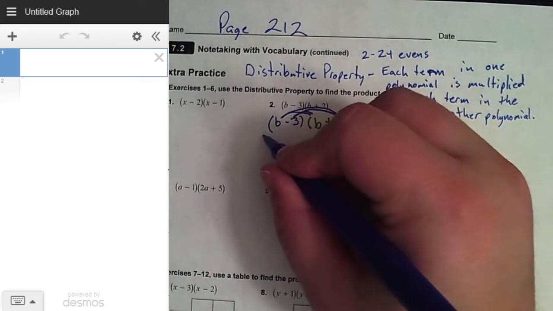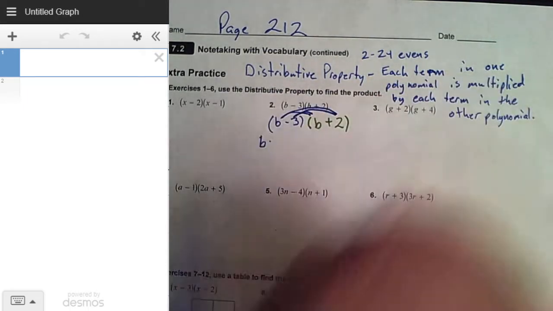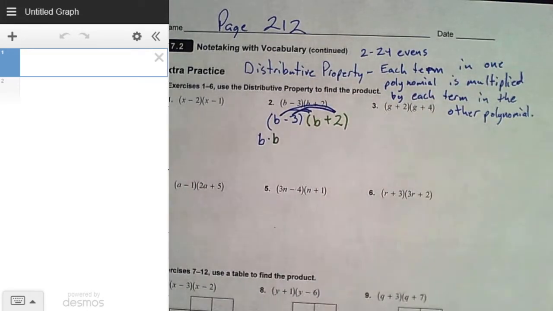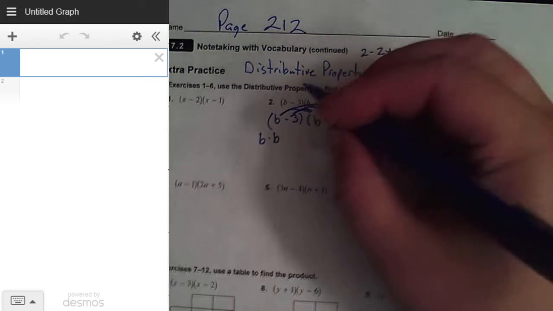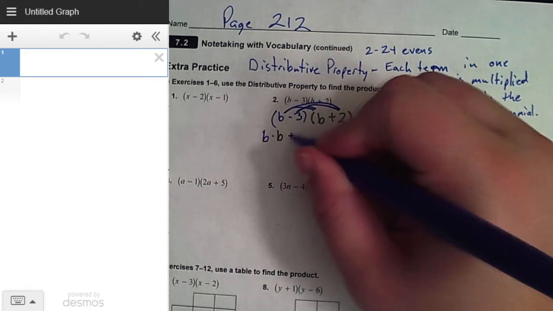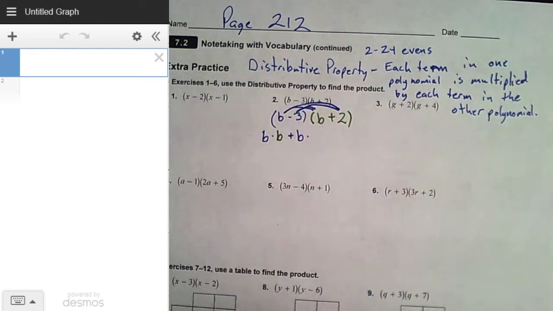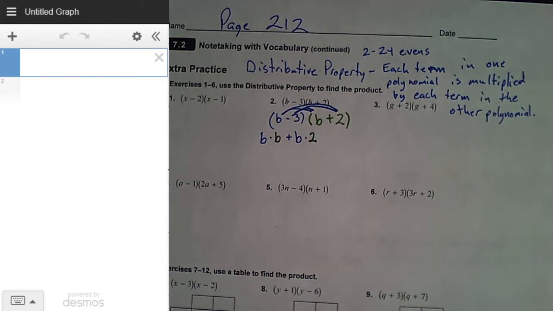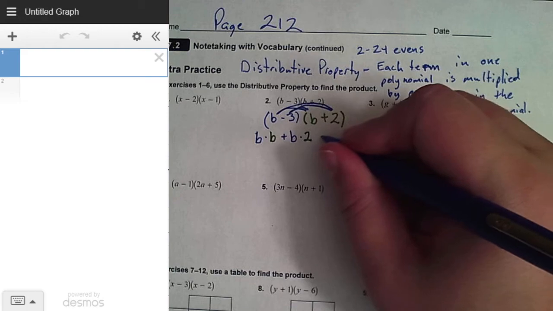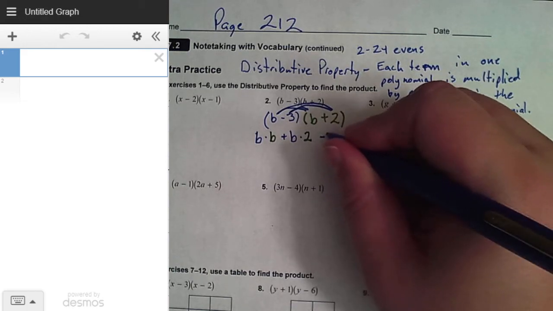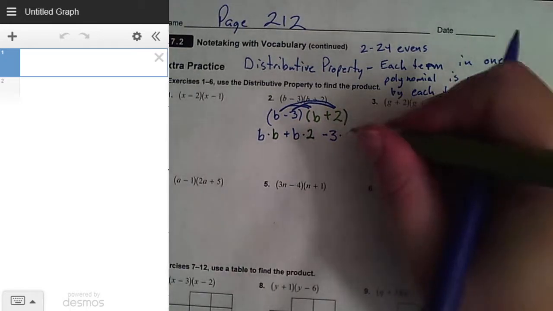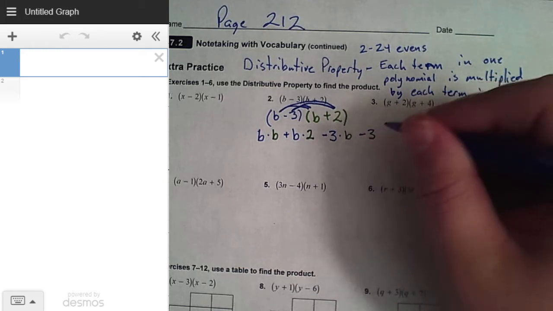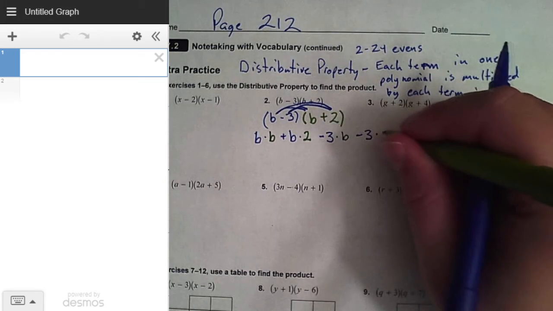So we take this b times b, and then we take the b times that 2, and then the -3 times the b, and the -3 times the 2.